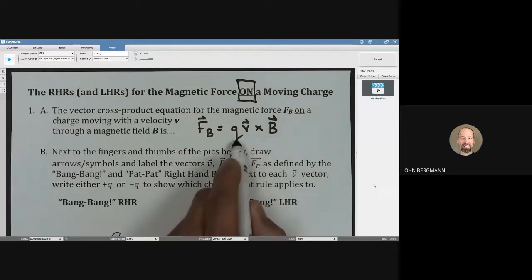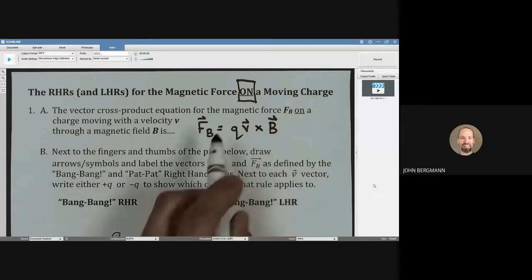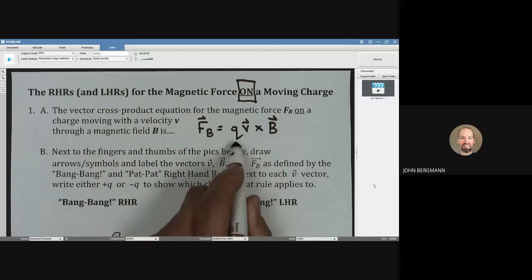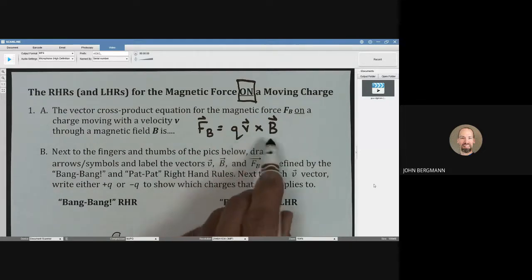This is a charge that is moving through somebody else's magnetic field. A moving charge is not going to experience any force due to the magnetic field that it creates, but it will experience a force if it is moving in a particular orientation with regard to an external magnetic field.